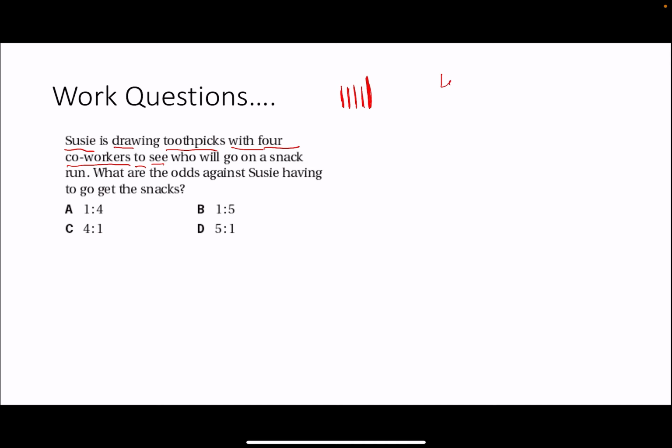So let A represent the event Susie goes on a snack run, or picks the biggest toothpick.